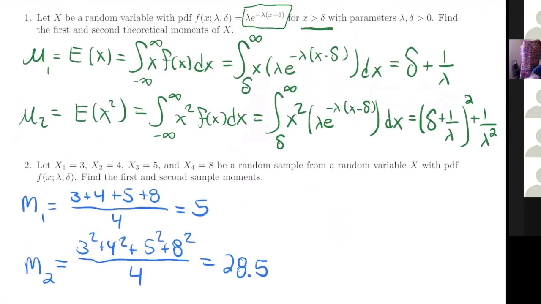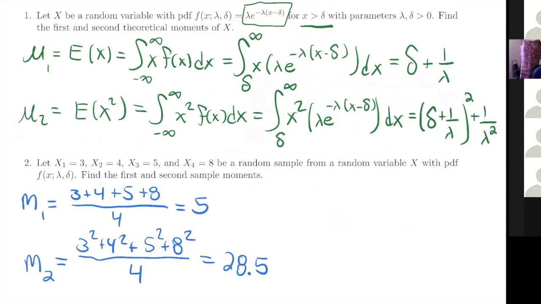So if we're told, in addition to this is what the PDF of the population is, that we pick a sample from that population, and our sample, the first value was 3, and then 4, and then 5, and then 8. What are the likely values for these parameters, delta and lambda? Let's find some estimators for them. So the first sample moment we would calculate would be the average of them, the mean.